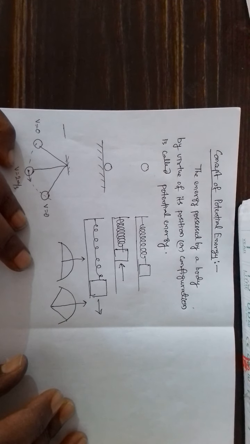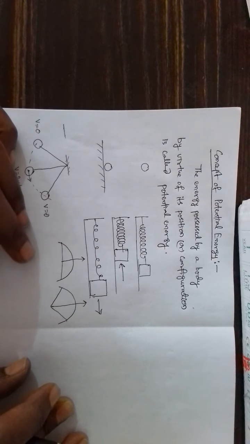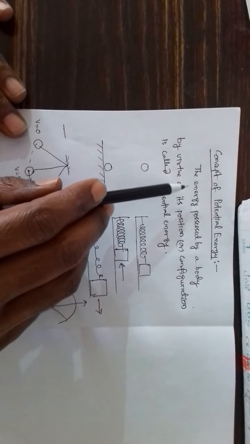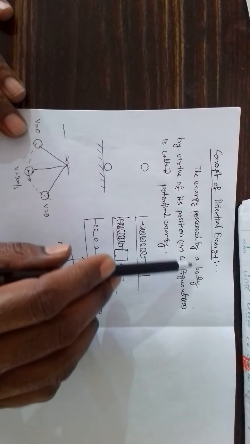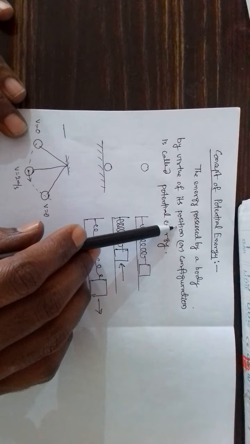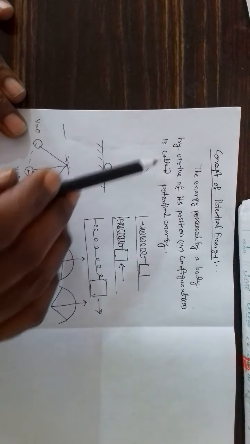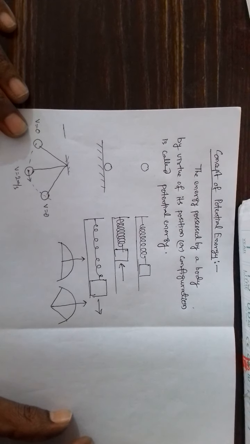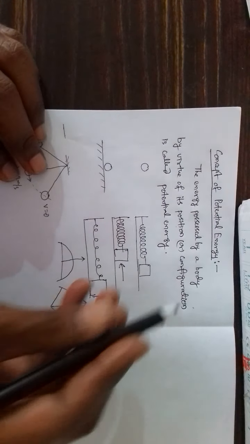Now what about potential energy? When does it possess potential energy? The definition is given like this: the energy possessed by a body by virtue of its position or configuration is called potential energy.